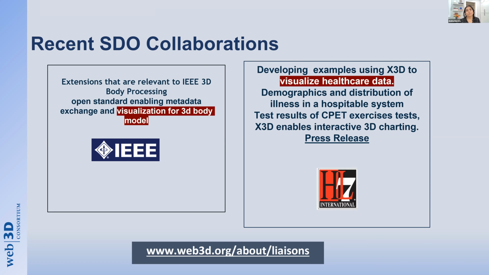And then we are also working with healthcare data. We've had a couple of projects and tests that we are doing on how to include X3D in their payload. And the healthcare industry is large.